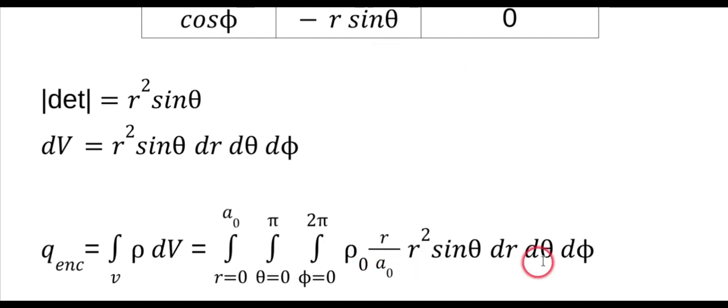Phi is the equatorial angle, which goes all the way around the sphere, so it has to go from 0 to 2 pi. And he gave us this limit for r, 0 to a naught. So theta is going from 0 to pi and phi is going from 0 to 2 pi.